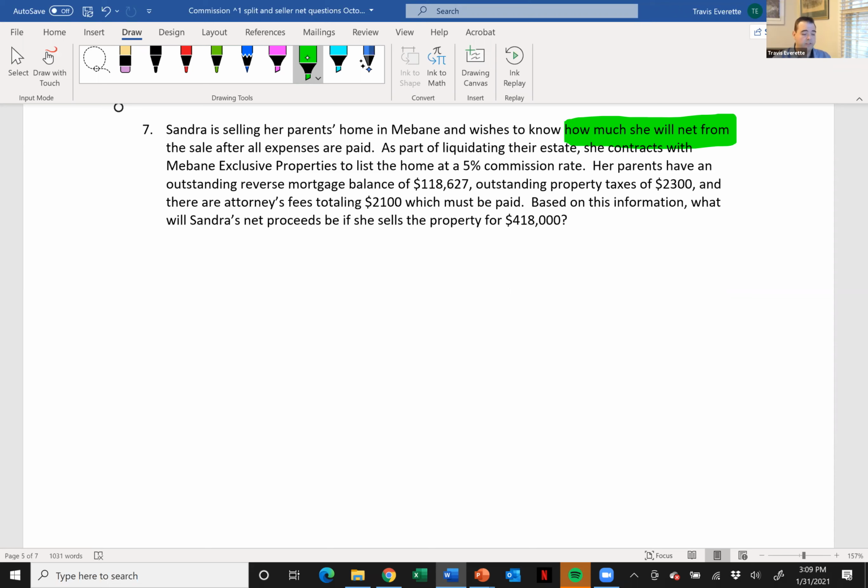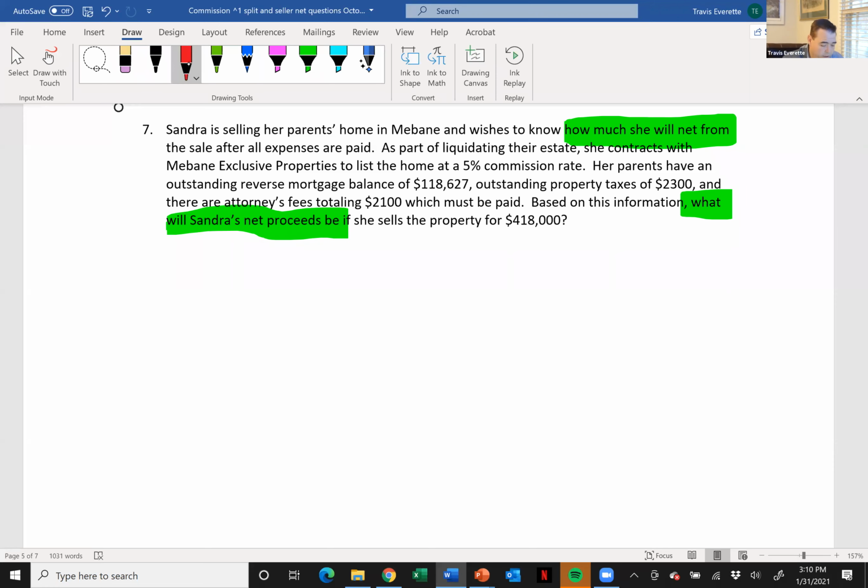Her parents have an outstanding reverse mortgage balance, which is just the same as a mortgage as far as paying it off goes. Outstanding property taxes of $2,300, and there are attorney fees totaling $2,100 that must be paid. Based on this information, again here, what will Sandra's net proceeds be if she sells the property for $418,000?